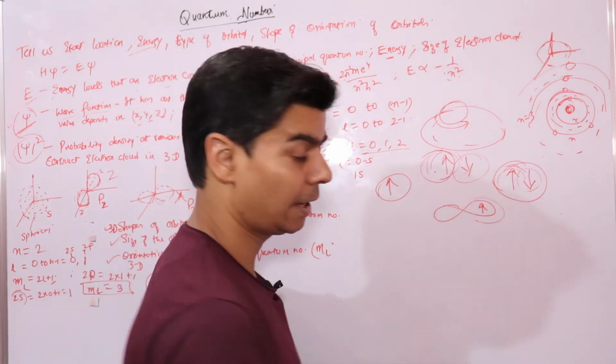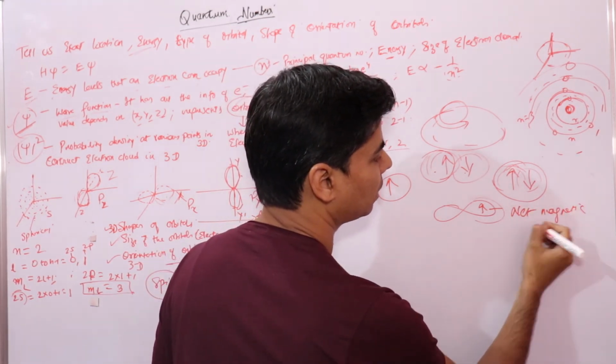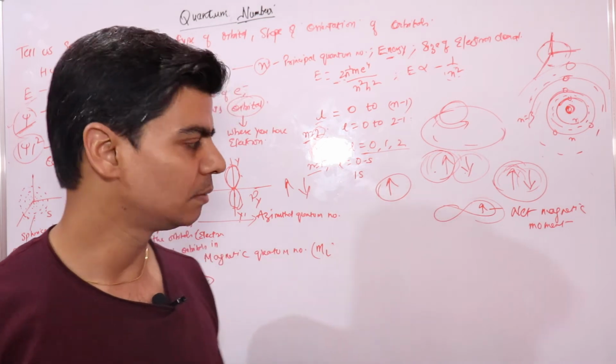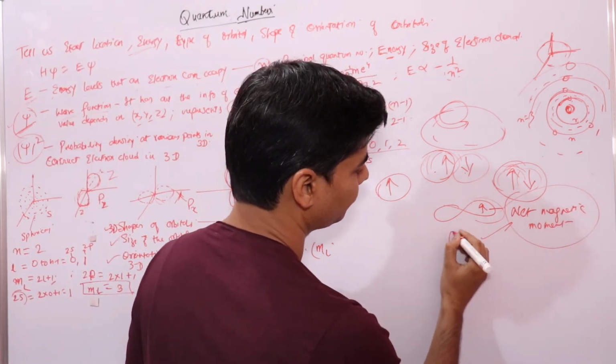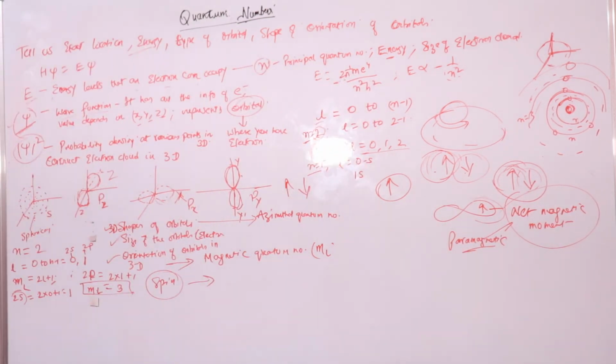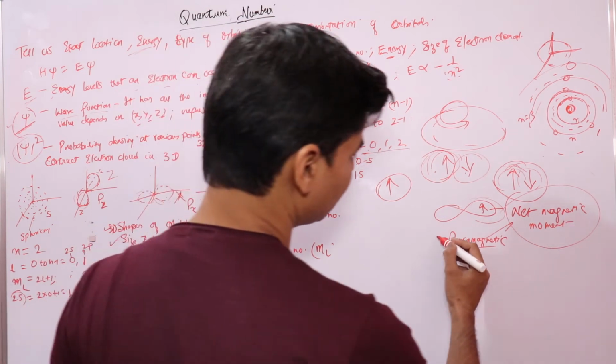These half filled orbitals will have a net magnetic moment and would be attracted by the magnetic field, and we call these paramagnetic substances.